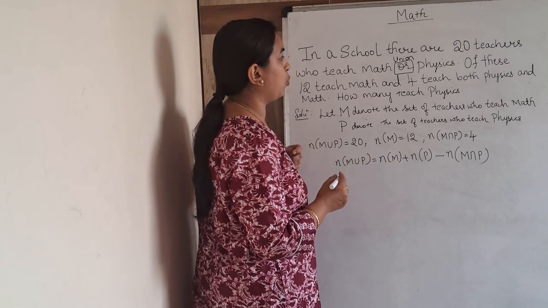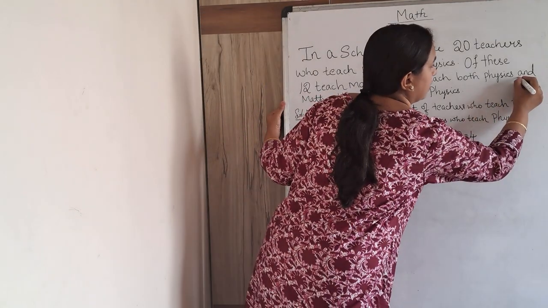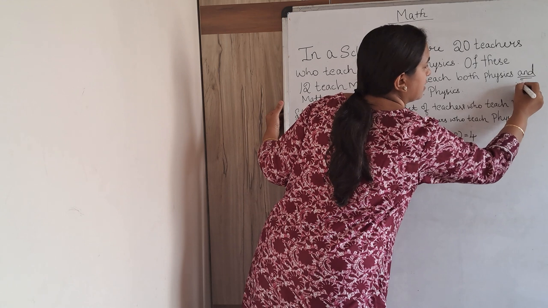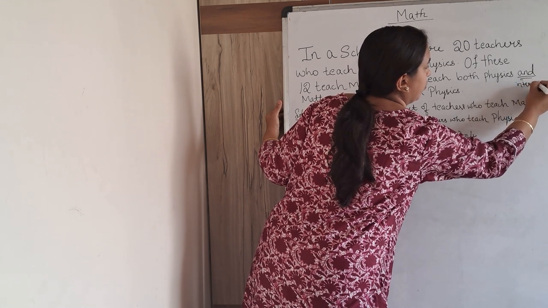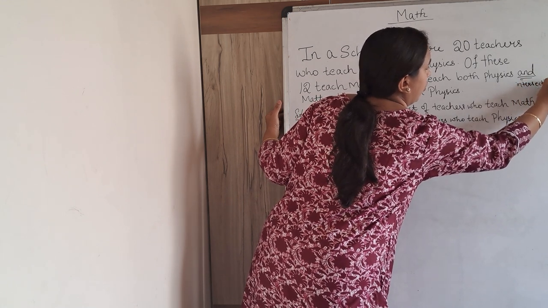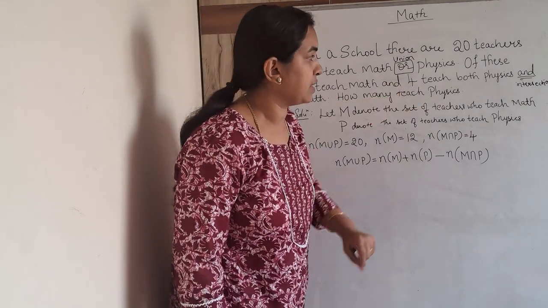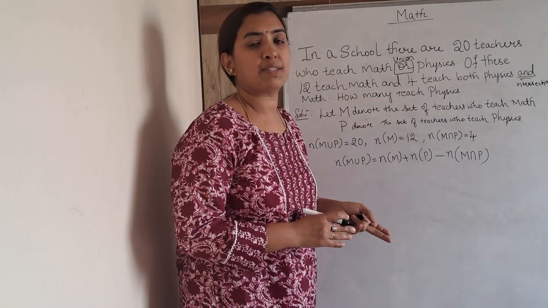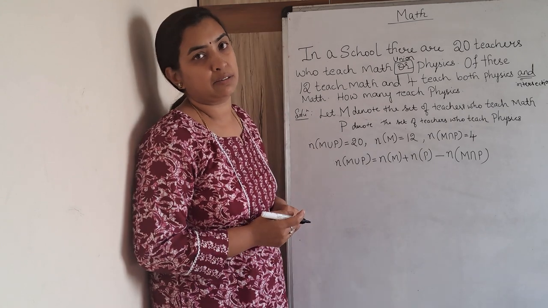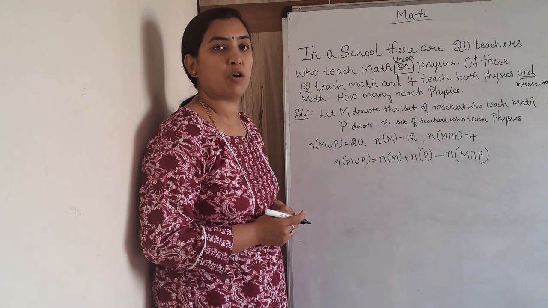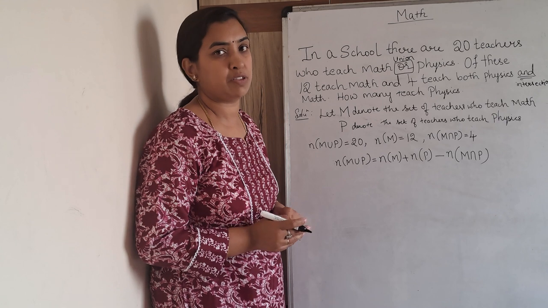Okay, and the word and indicates intersection. Okay, that means there are 4 teachers who teach physics as well as math. Now you need to find the number of teachers who teach only physics.